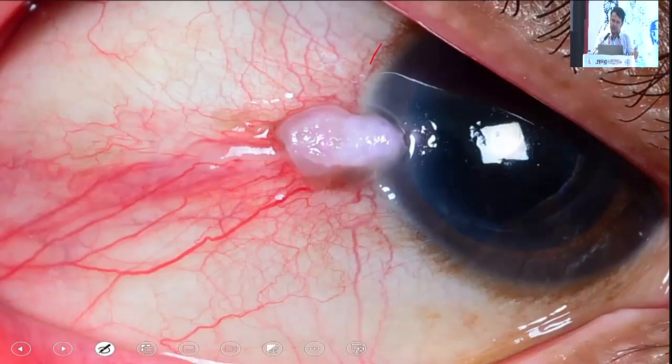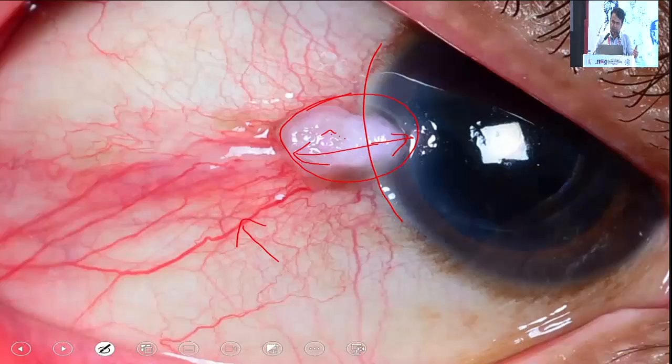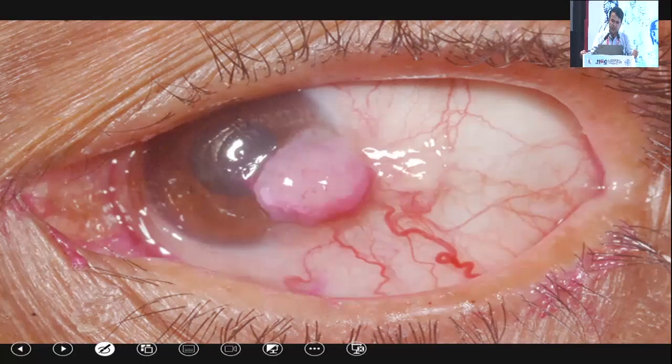One is its interpalpebral bulbar location and its epicenter being the limbus. A limbal lesion which has some amount of extension onto the cornea, some amount of extension onto the sclera with abnormal vascularity and bits of keratin is definitely ocular surface squamous neoplasia.